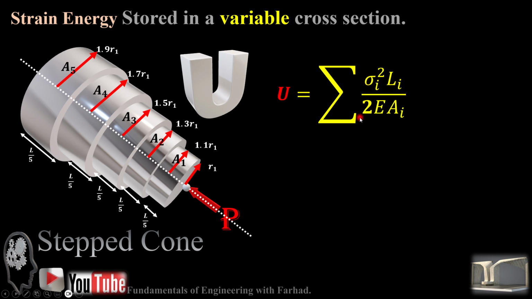Strain energy comes from capital U, equal to the summation of sigma i squared times the length of that part, over 2 times the modulus of elasticity times the area of that section.